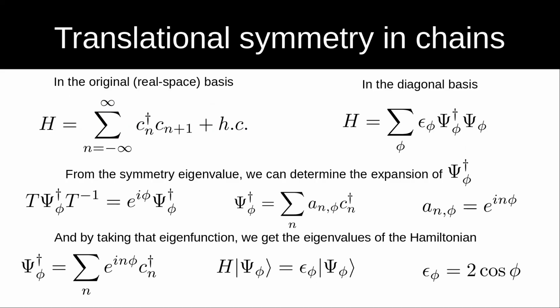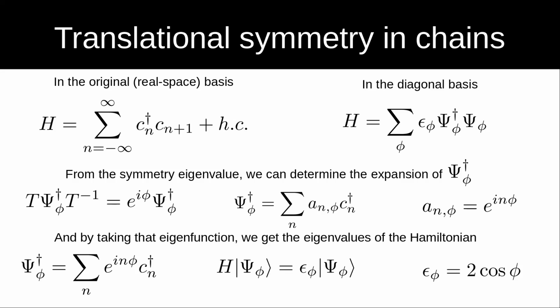And this can be done in a, let's say, more mathematically structured way. So let's imagine that you have your original Hamiltonian that is written in real space, so just a one-dimensional tight-binding model with first neighbor hopping. And we know that this Hamiltonian commutes with translational symmetry.